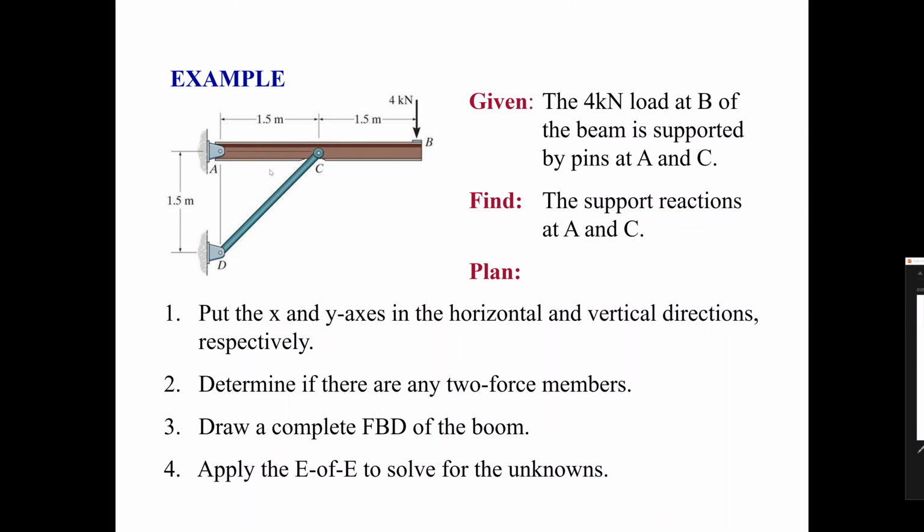If you're just looking at this beam right here, you're going to have this force acting down. From the beam's perspective, you have a force acting on it externally, and then you have another force right along this line.